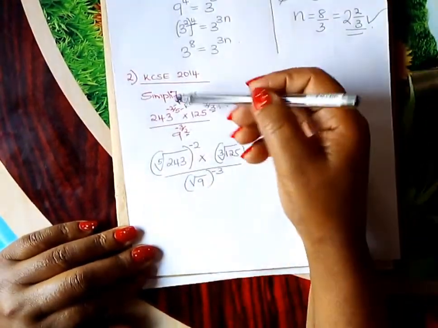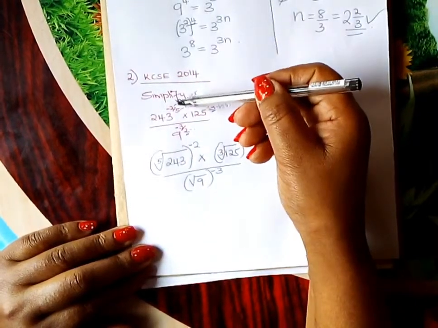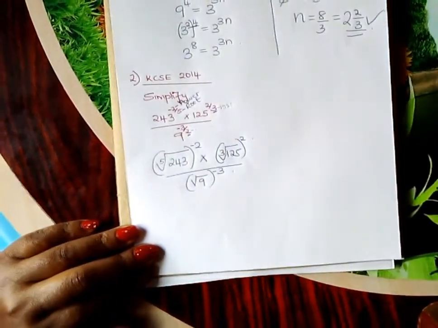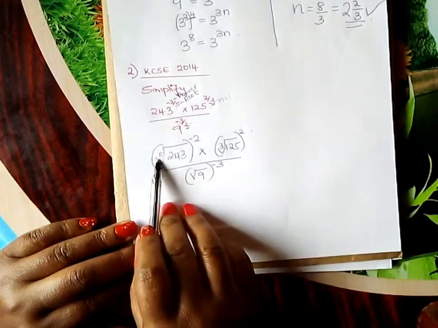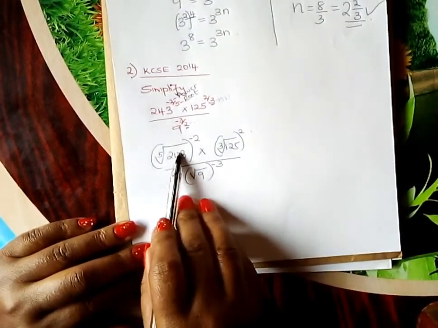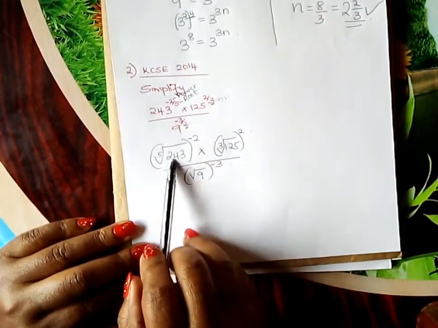So the denominator is the root and the numerator is the power. From there, you get fifth root of 243. Remember, these things you do without a calculator.